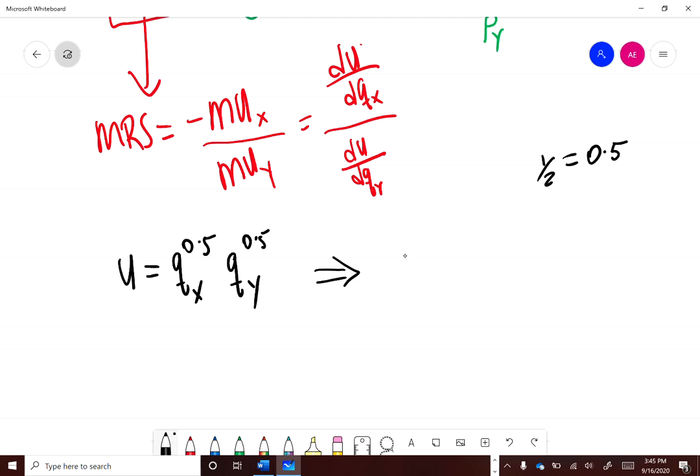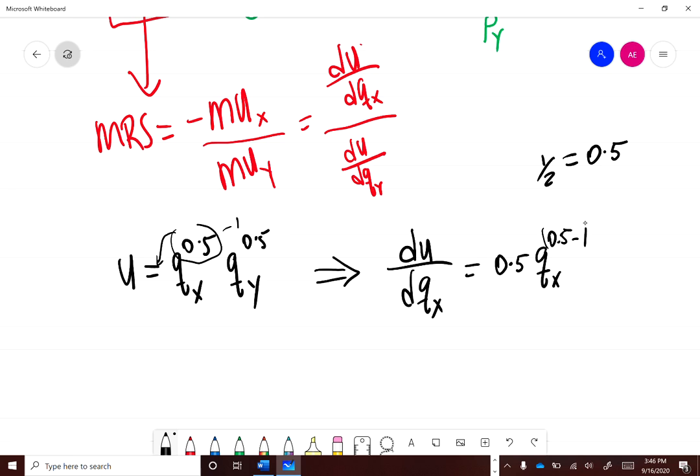So du dq of x will be equal to, for the derivative, we're just going to take this power down and then subtract the power by 1. So we have 0.5 times qx raised to the power of 0.5 minus 1, right, times q of y raised to the power of 0.5. Q of y raised to the power of 0.5 just becomes like any other constant here.